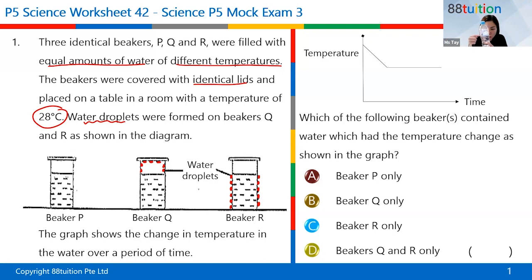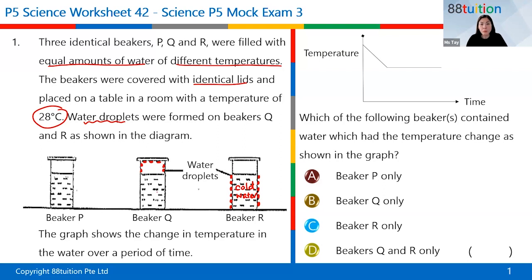Do you see water droplets on the outside? It seems like the bottle is sweating, but it's not perspiring. This is not sweat. This is actually vapor in the air condensing on the surface. So yes, the water is cold. So cold over here means this is cold water.